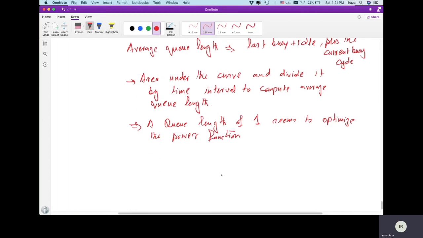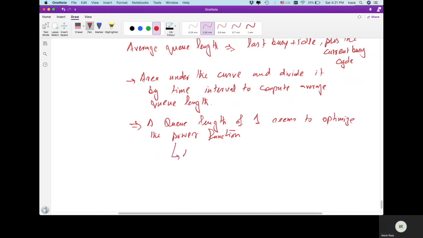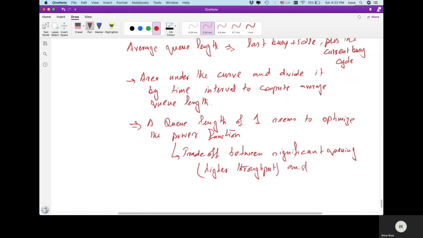Right. So it's basically a trade-off between significant queuing, which means higher throughput, and increased idle time.